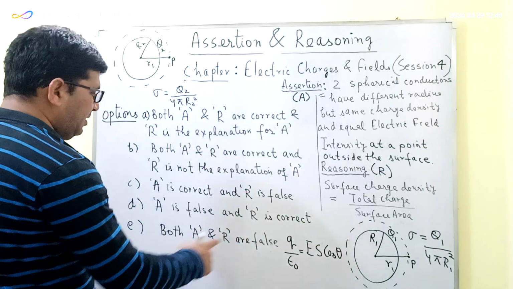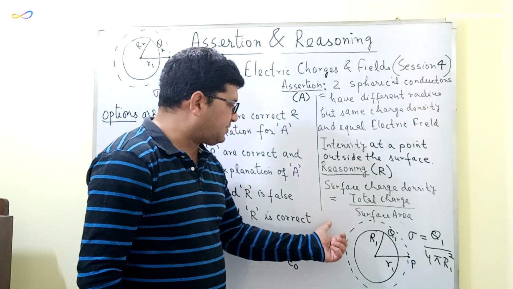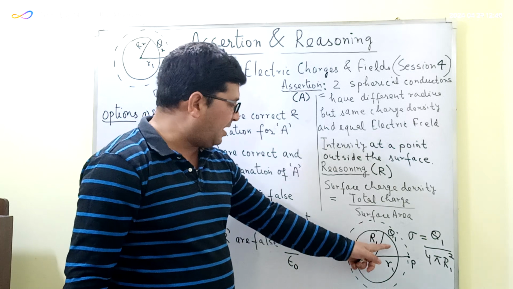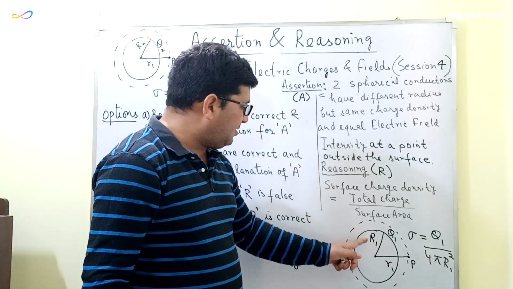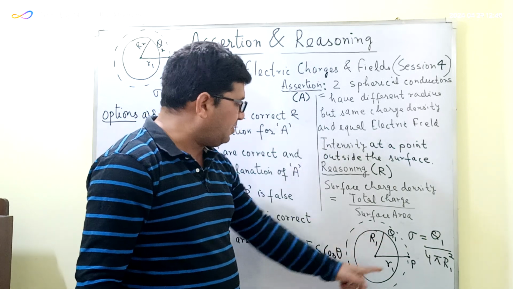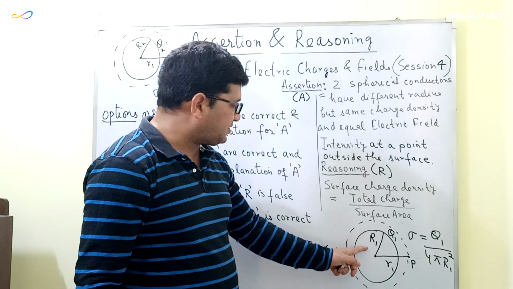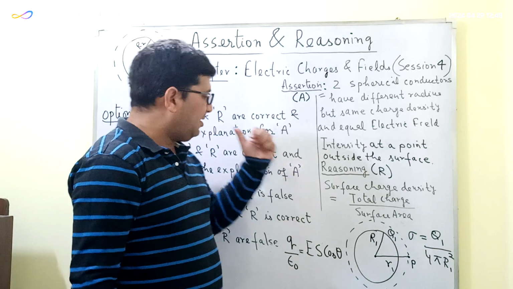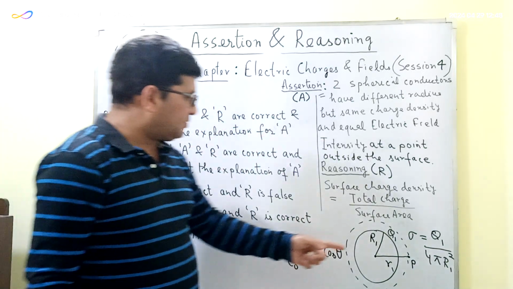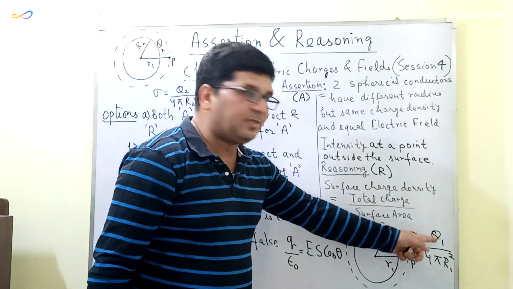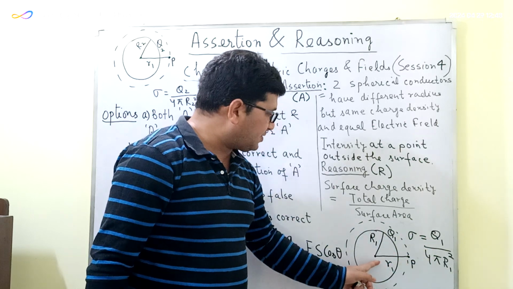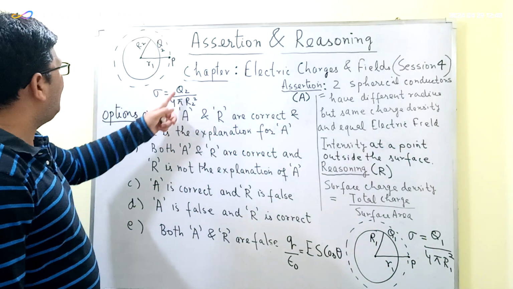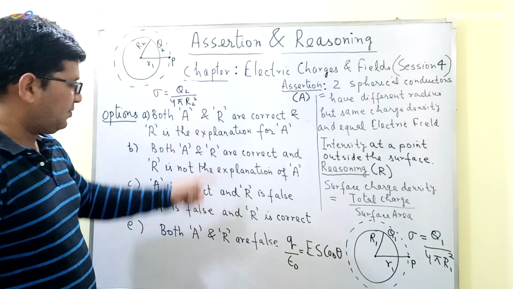Since the surface charge densities are equal, I have taken the charge Q1 spread uniformly over the surface of this conductor, and Q2 spread uniformly over the surface of the other conductor of radius r2. In this case, the surface charge density will be equal to Q1 divided by 4 pi r1 square, and in the second case it will be equal to Q2 divided by 4 pi r2 square.